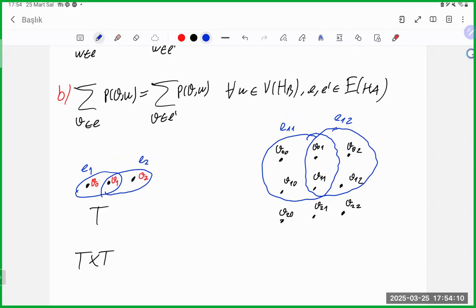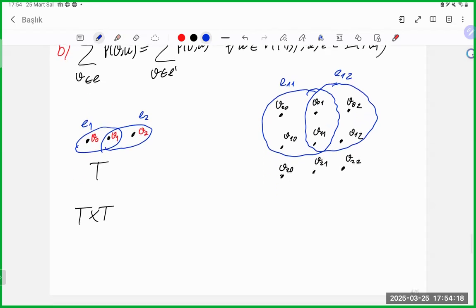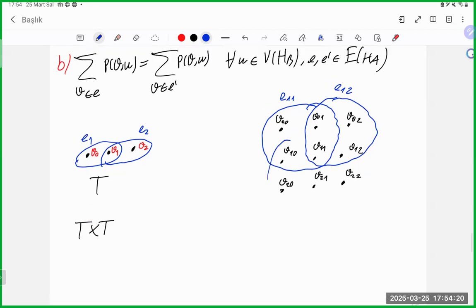The first one must be measuring V0 or V1, and the second one must be measuring V1 or V2. With the same rule, we can label this edge like that.